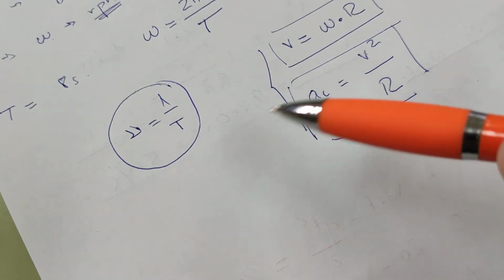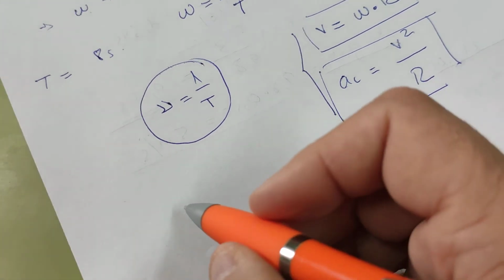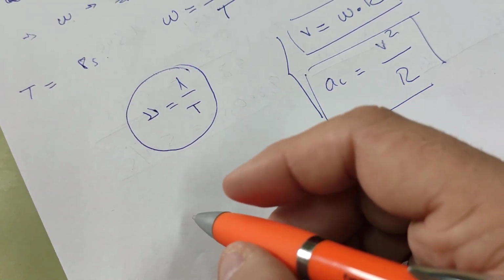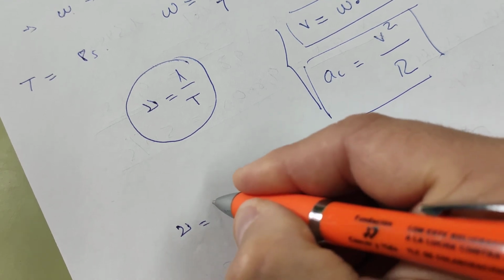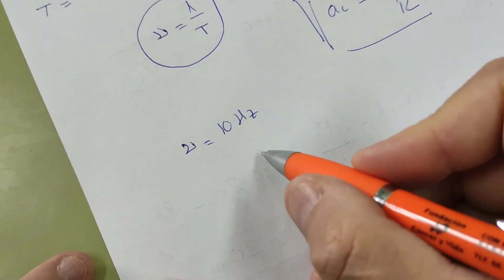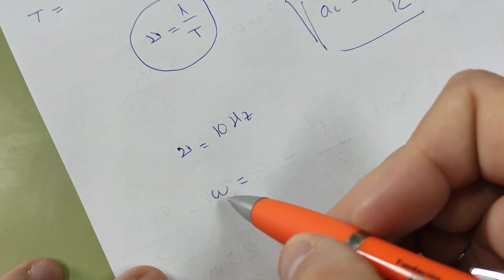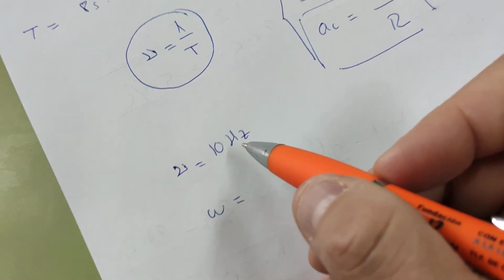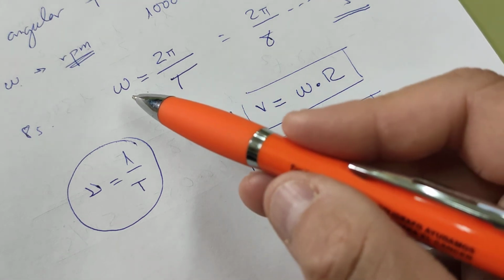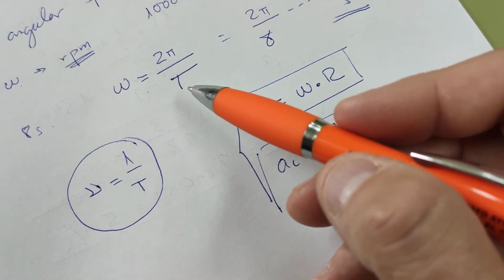Or imagine that the data of the problem is the frequency. I say to you, a turbine is spinning with a frequency of 10 Hz. If you have the frequency, you start with the formula of angular velocity with frequency. If you see this formula, angular velocity is 2π divided by period.